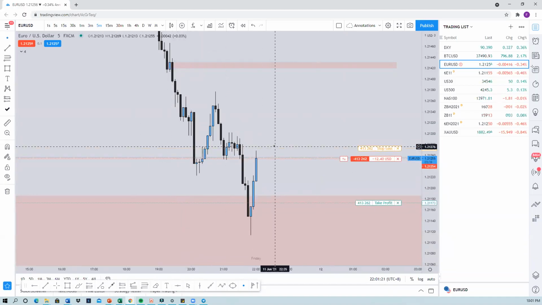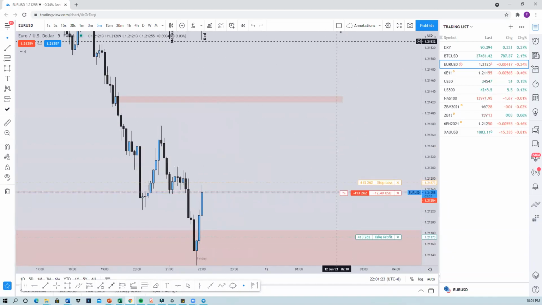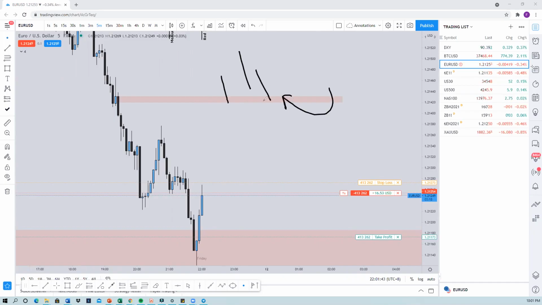Because whether we know it or not, if you just go back and review all your trades, you will see that most of your entry points came from here or near this part, right? Most of your entry points came from here and all of that, right? So this is basically how we enter.